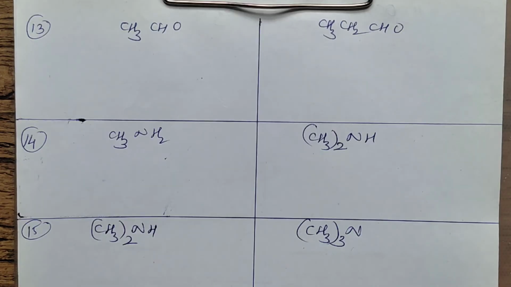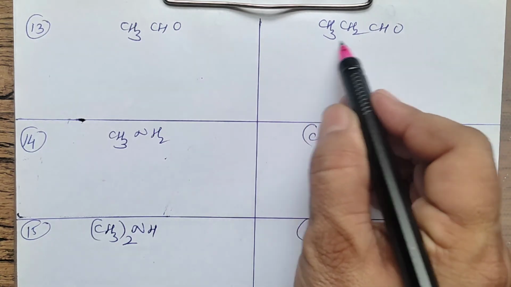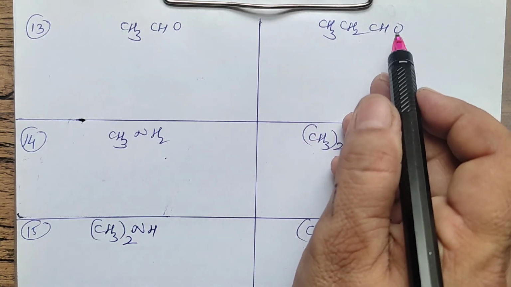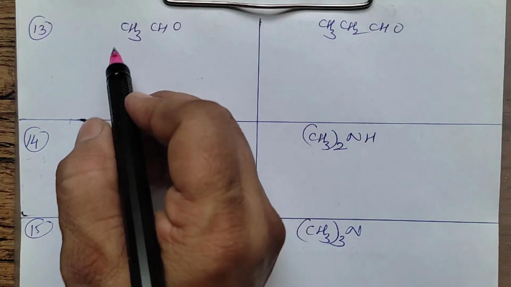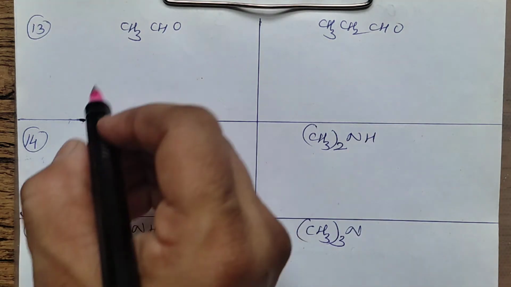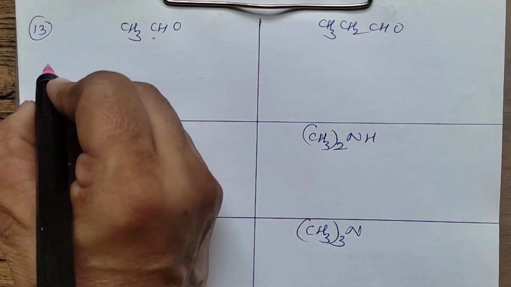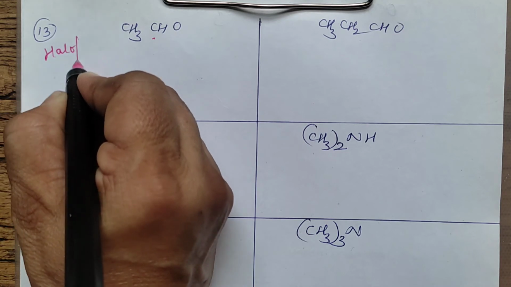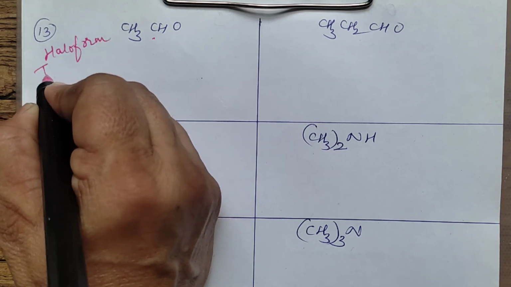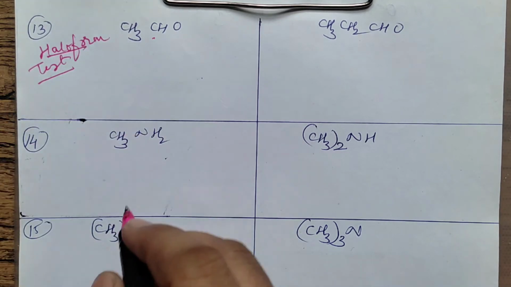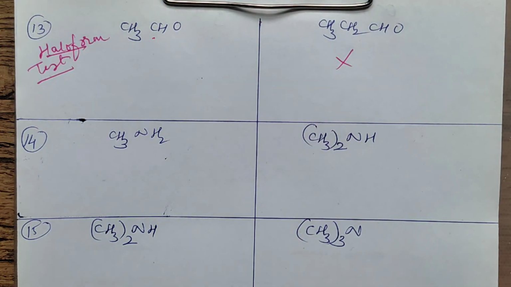Now moving on to the next distinguish between: one is acetaldehyde, another is propanal. Just now I have told you so many times, among aldehydes only one will give this as positive, that is acetaldehyde. For so many questions the answer was one: haloform. This will not give, the first one will give.